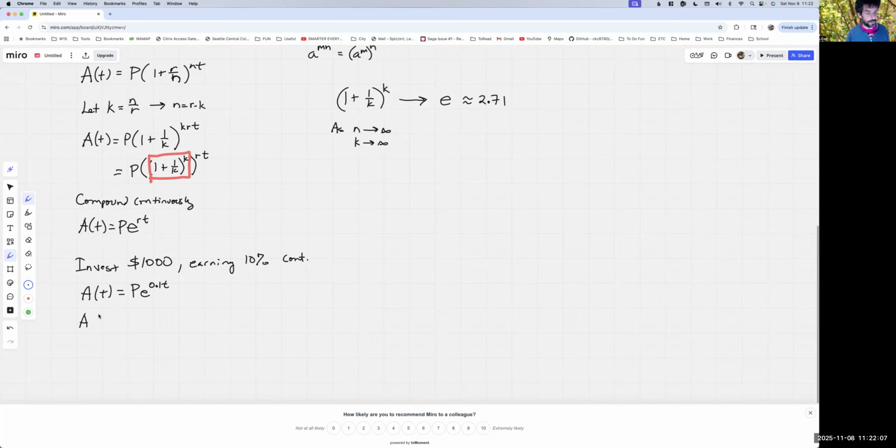And if we wanted to compute something like how much is in this account after 3 years, we'd have our $1,000 for P, e to the 0.1 times 3, which you can throw into a calculator.